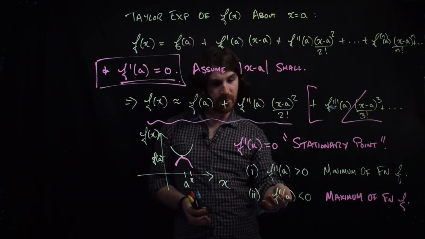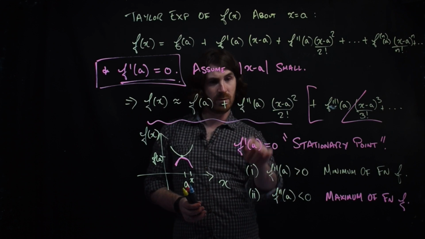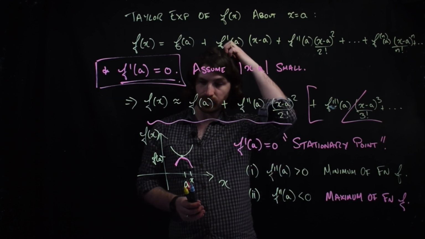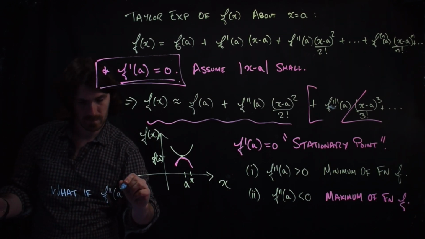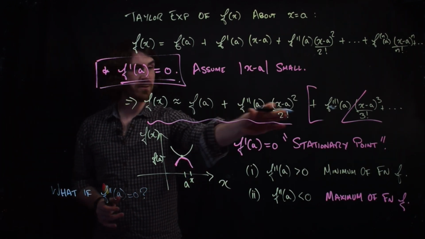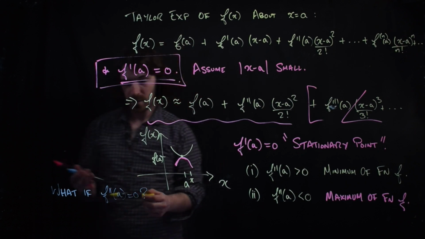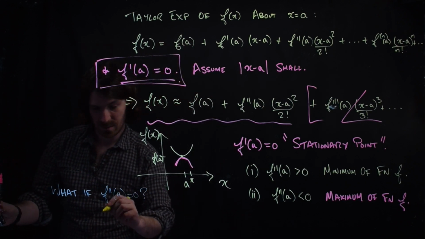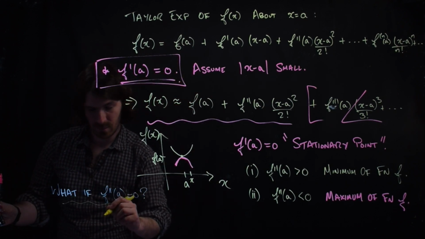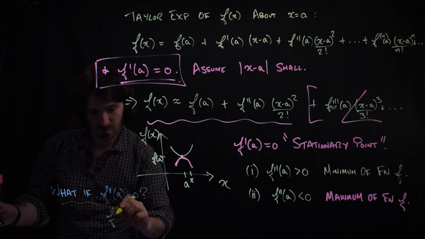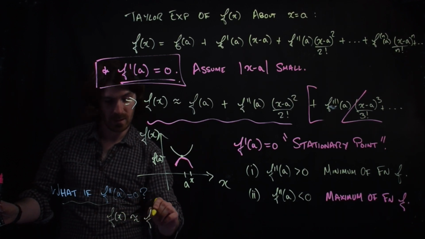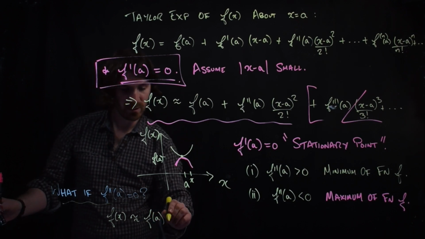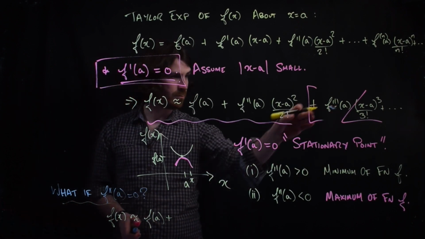Okay, so what if the second derivative is 0? In this case, we have to think about the third term. So in this case, we have that f of x is f of a plus this third term, which we previously ignored.